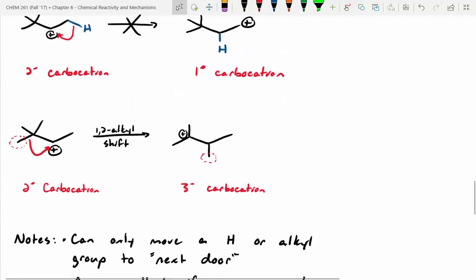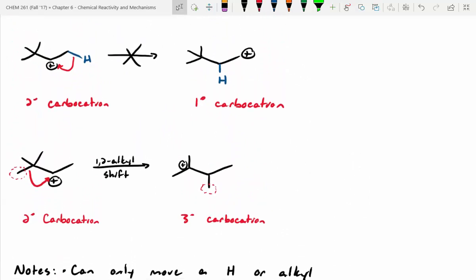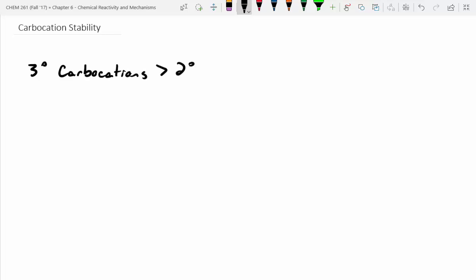All right, so let's go back and talk about carbocation stability, because we're going to see a lot of this carbocation stuff in the next chapter. I don't know if we'll have time to get to the arrow pushing activity yet, but we'll push that off till tomorrow if we don't have time. All right, so carbocation stability. We already mentioned that tertiary carbocations are more stable than secondary, are more stable than primary, and these are way more stable than methyl carbocations.